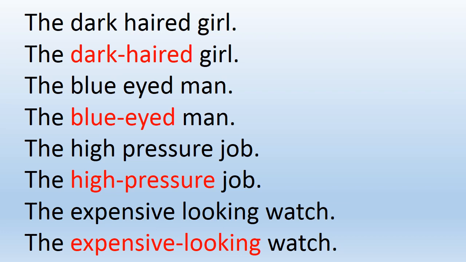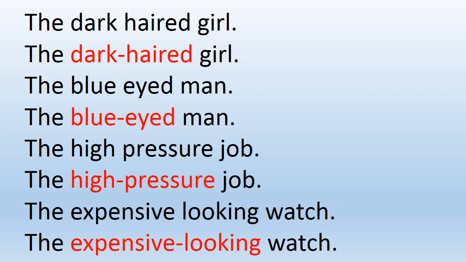Rather than being a blue man who has eyes, we've now got the blue-eyed man, the man with blue eyes. We've got the high-pressure job, so the job that is high-pressured. And we've got now the expensive-looking watch, and they join together to mean that the watch looks expensive.